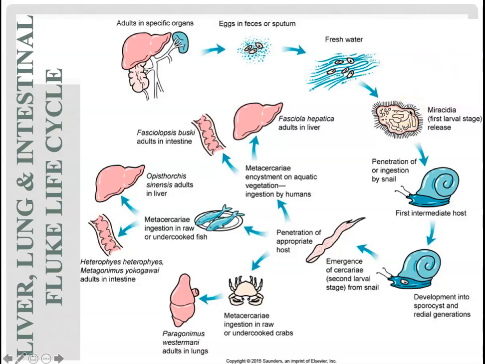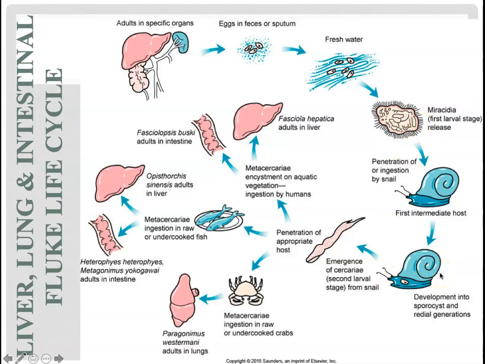So the miracidia is actually the infective stage for the snail. So remember, the snail is your first intermediate host for all the flukes. There has to be a snail involved. So the snail gets penetrated by the miracidia or actually ingests it.